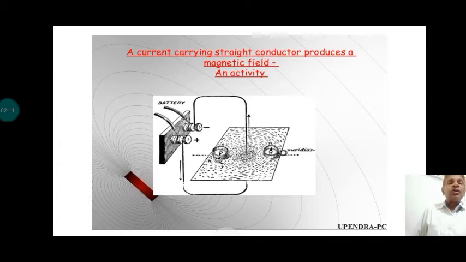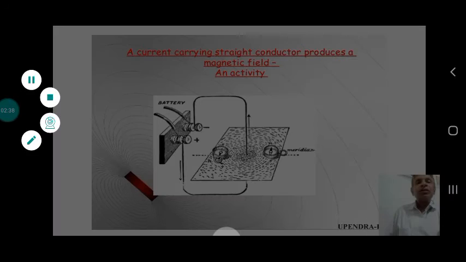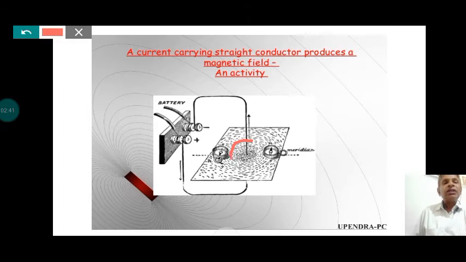We can also observe the magnetic field produced by the conductor using a compass needle. When a compass needle is placed inside the magnetic field produced by the current carrying conductor on the cardboard, the north pole points in a specific direction and moves in a concentric circle around the conductor.